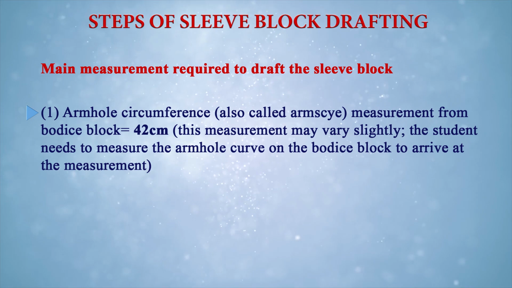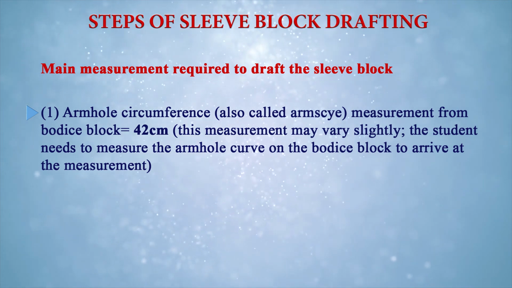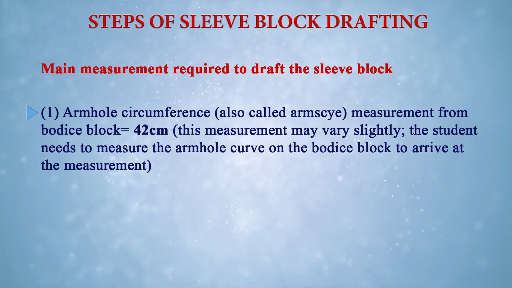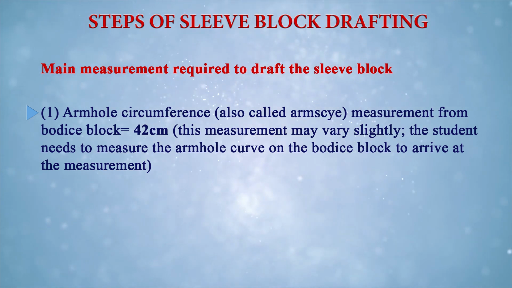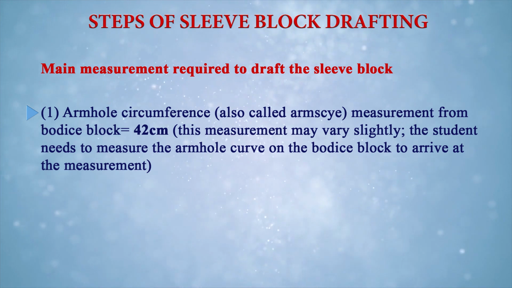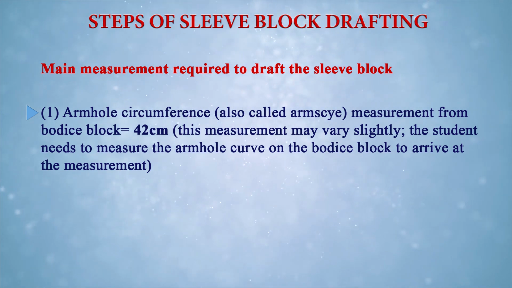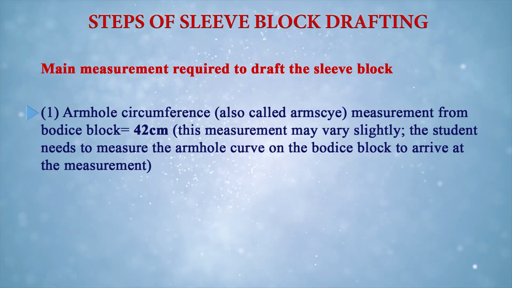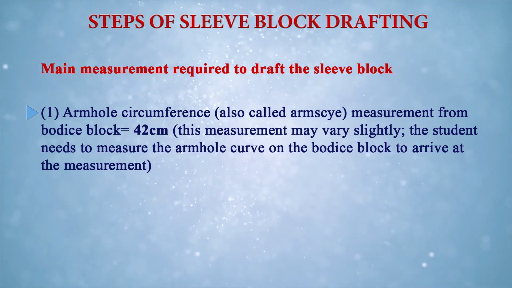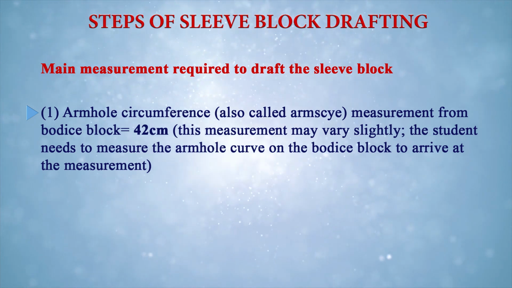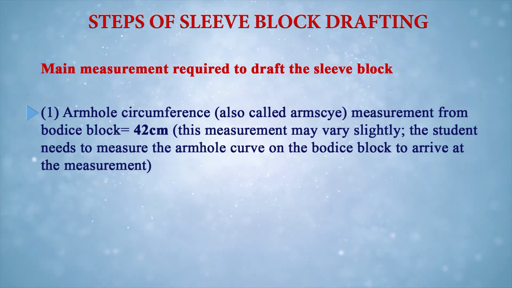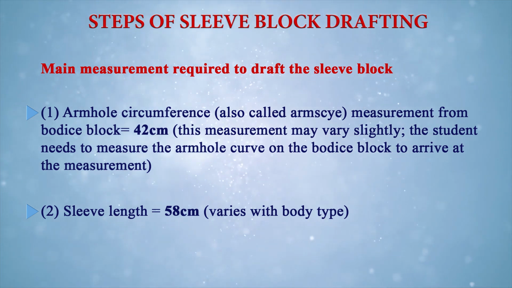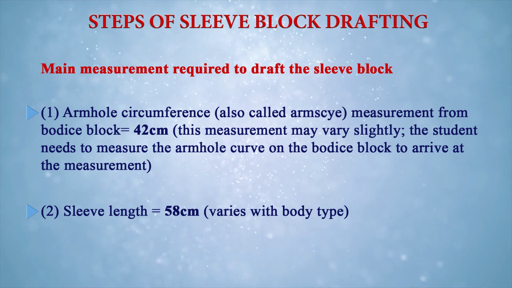Like it was taken as a 42 centimeter measurement. This measurement you can vary, you can change it according to the person you are creating the pattern for. So the armhole circumference we take for creating this standard sleeve block is 42 centimeter, and sleeve length will be 58 centimeter, and this can also vary according to the body type.